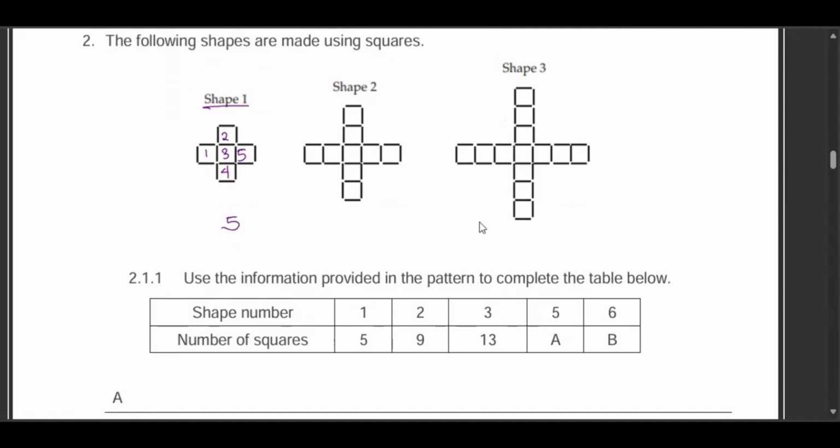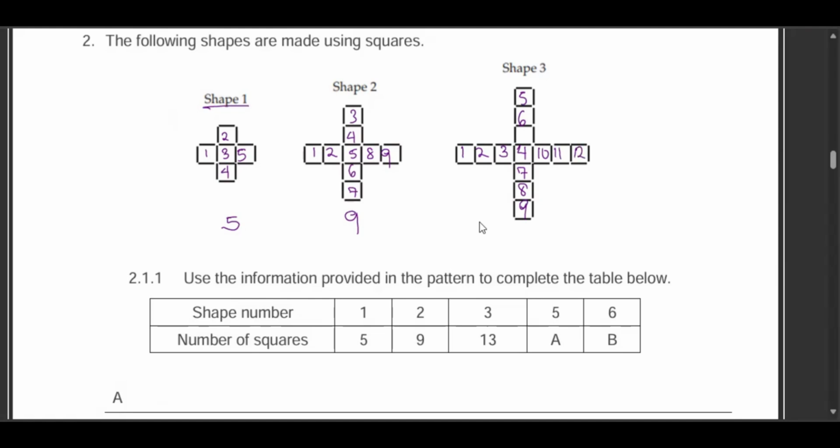Then number 2 has 1, 2, 3, 4, 5, 6, 7, 8, 9. This has 9. Then step number 3, what does it have? It has 1, 2, 3, 4, 5, 6, 7, 8, 9, 10, 11, 12.